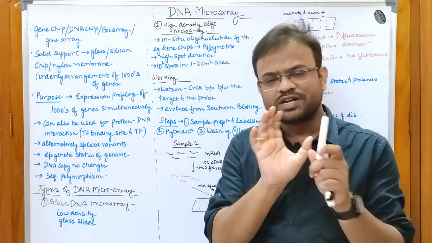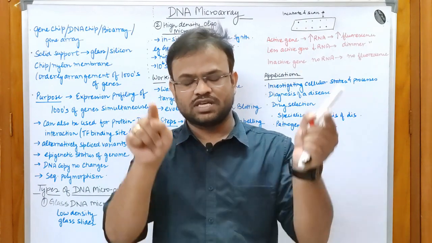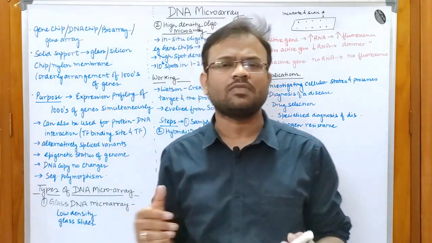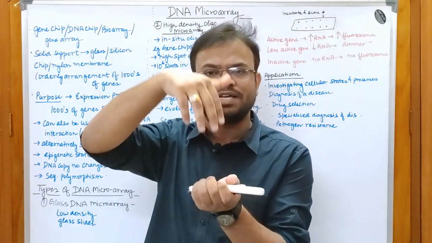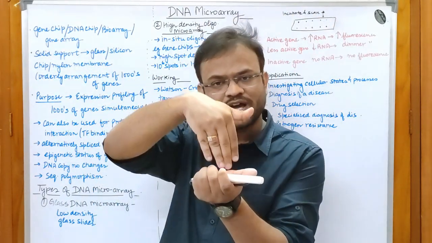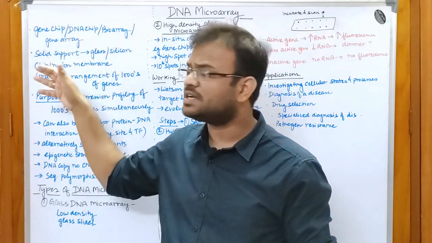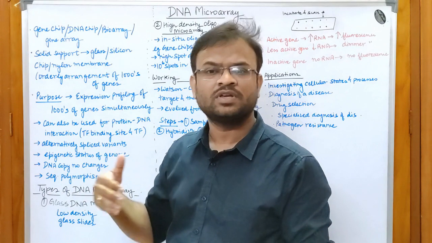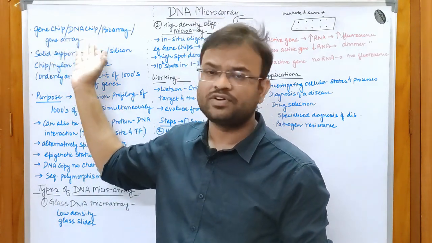Suppose, let us say that this is a chip. Imagine that this is a chip, and on this chip there are multiple genes that we have attached. Okay, multiple DNA fragments that we have attached. Because of that, this is called a gene chip. It is called a DNA chip because the gene is made up of DNA.